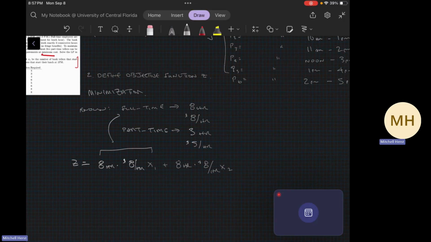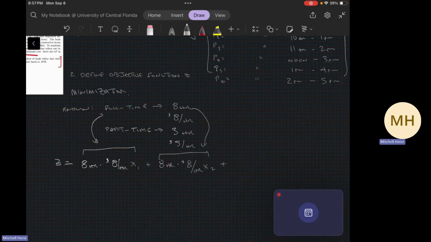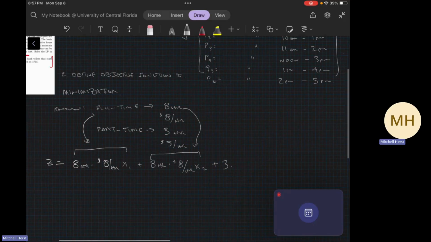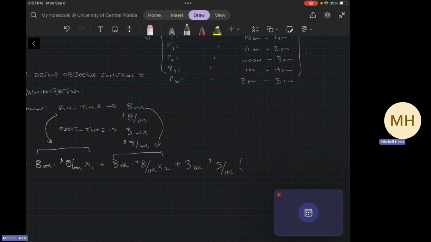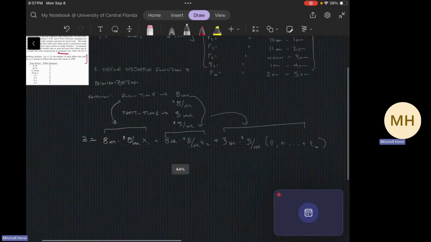So that's going to be our two full-time bank tellers. Okay, and then lastly, we're going to do 3 hours times $5 an hour to account for P1 to P6, which is going to be our part-time tellers.